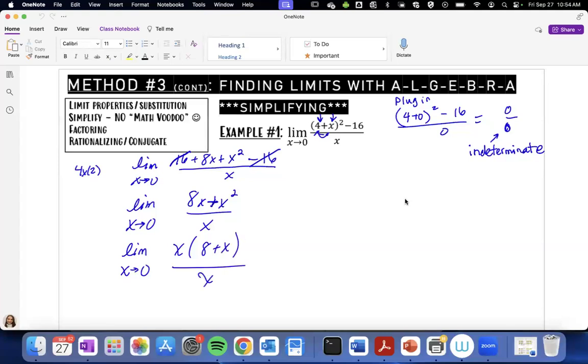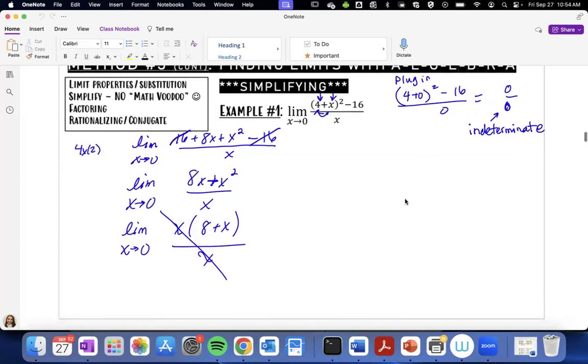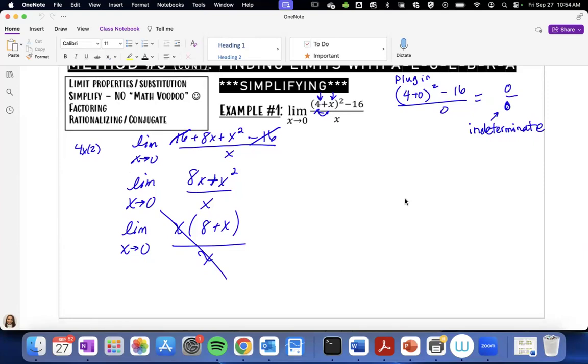And then can I cancel those x's? Heck yeah, right? Then this becomes the limit as x approaches 0 of 8 plus x. Can I plug in 0 now? Yeah, right? So what is the limit of the function? 8 plus 0 is 8, the limit is 8.